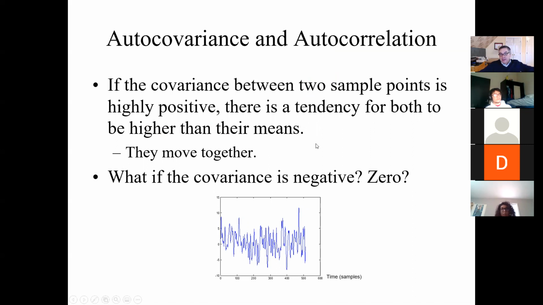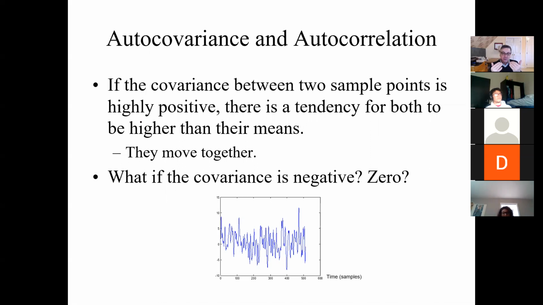So going back to the idea of covariance, and how we express covariance. If it's highly positive, there's a tendency for both of them to be higher than their means. In other words, if I have high positive covariance in the signal between one time point and another, then when I measure this, if one is above its mean, the other will tend to be above its mean.